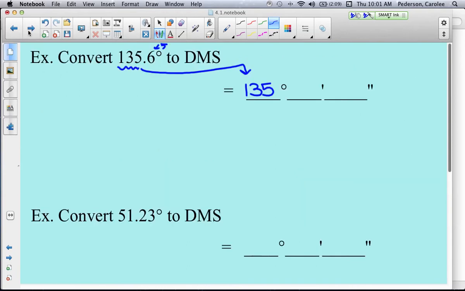So I'm going to show you one where you take this decimal and start off by multiplying it by 60 minutes. You take 0.6 and multiply it by 60, and that's going to convert it to minutes. What do you get? 36. So this represents 36 minutes.